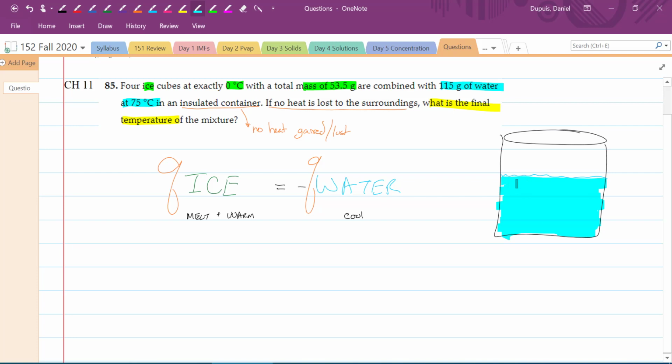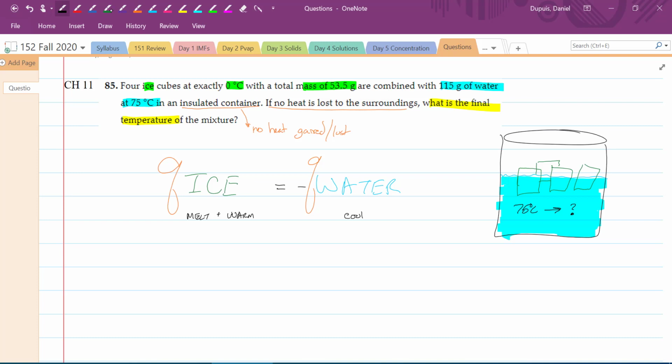We're going to throw some ice in. 4 cubes. 1, 2, 3, and the 4th one's in the back. Perfect. So my water is at 75 degrees Celsius, and it's going to cool down to a lower temperature. The ice is probably going to melt and probably warm up. That's what I'm assuming. Now, we'll find out if that's true or not, because our answer will work out.